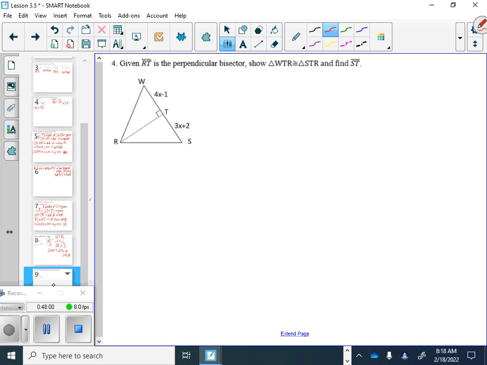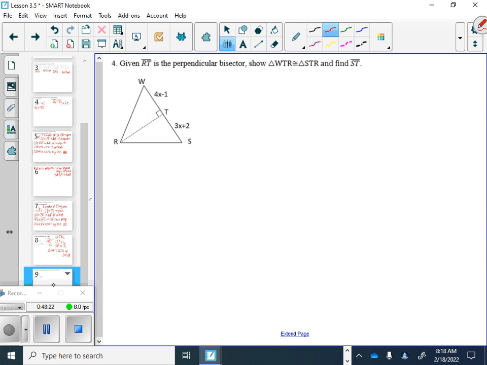Yes, they cross, so you're right, Kaylee. They cross, and at what type of angle? 90.